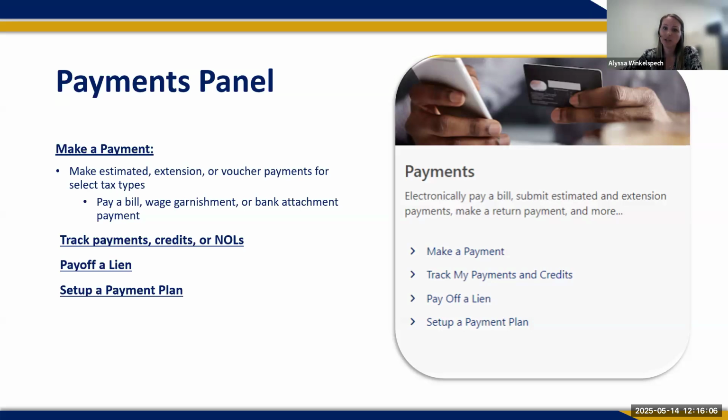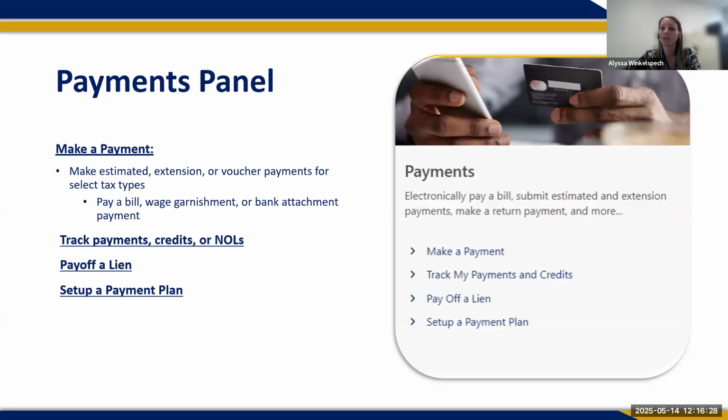The next link is to pay off a lien. So if you know you have a lien filed and due back taxes, you can use this feature to resolve that delinquency or to search for any liens under your identification number. And then finally, we have to set up a payment plan.